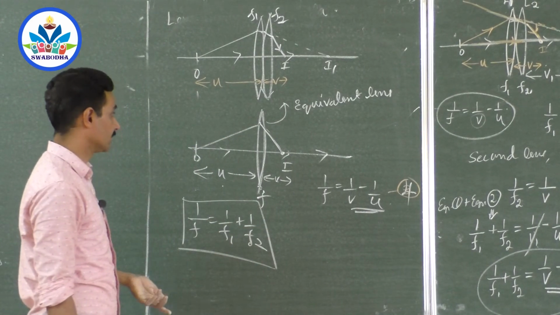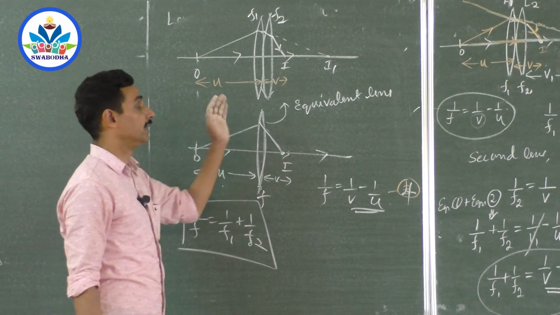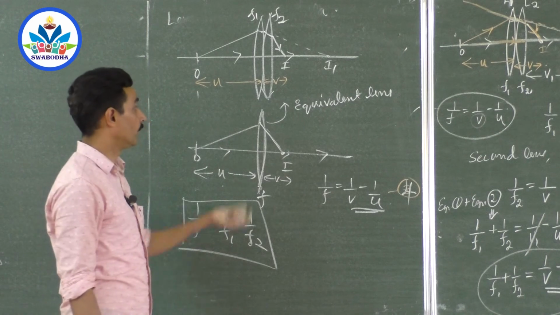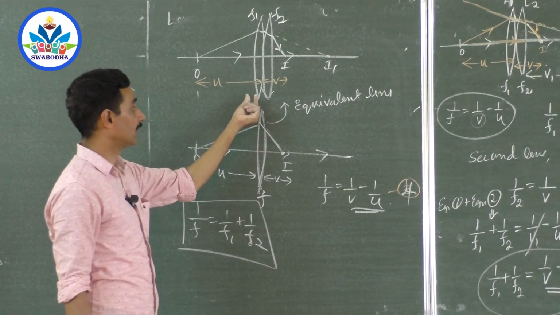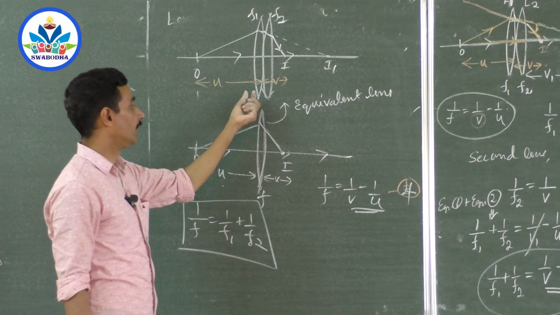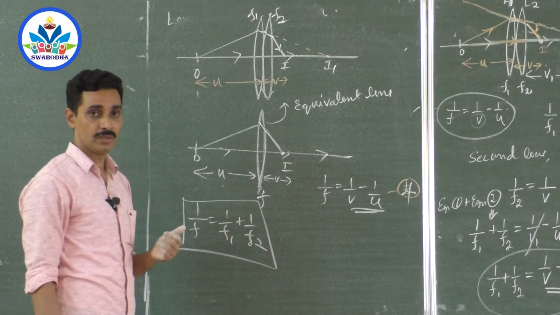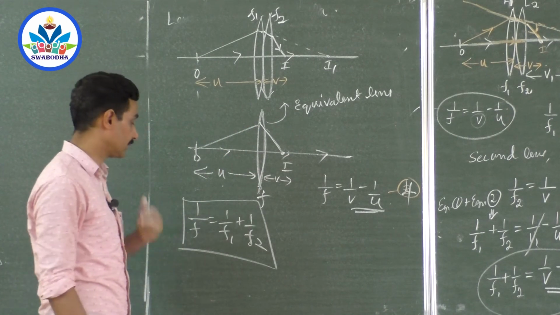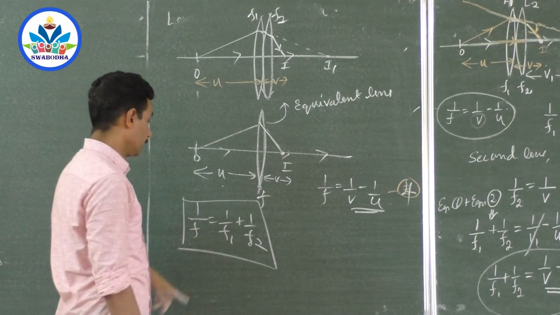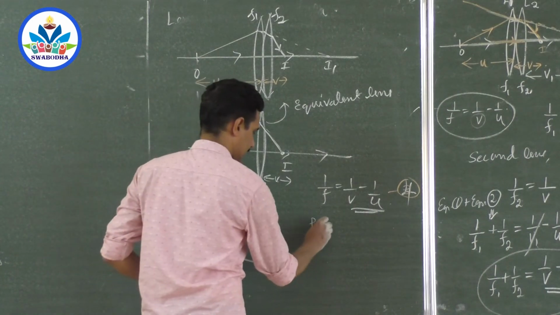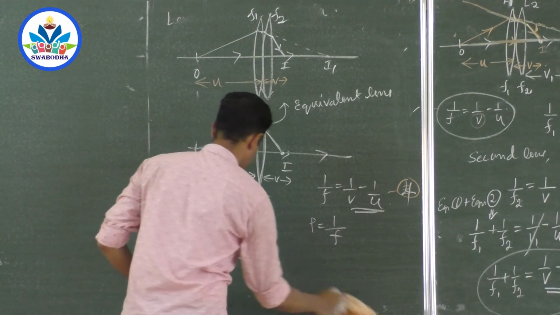Now my question is, what has happened to the effective focal length? Now when these lenses were having focal lengths say f1, f2, what is f? Whether it is greater than f1 and f2 or lesser than f1 and f2, that is very interesting now. Now you know that the power of a lens is the reciprocal of focal length, right?